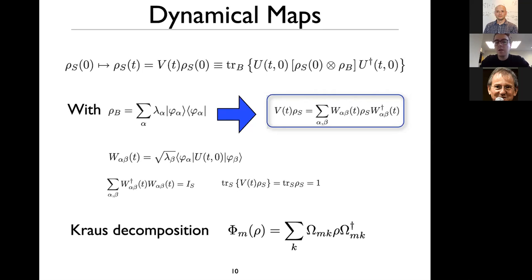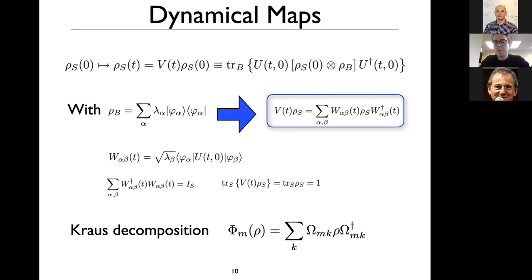You can look at more general systems where you don't have initially uncorrelated system and environment. But what happens is that the dynamical map that you introduce via this formalism on this slide, by construction, won't always be completely positive and trace preserving.